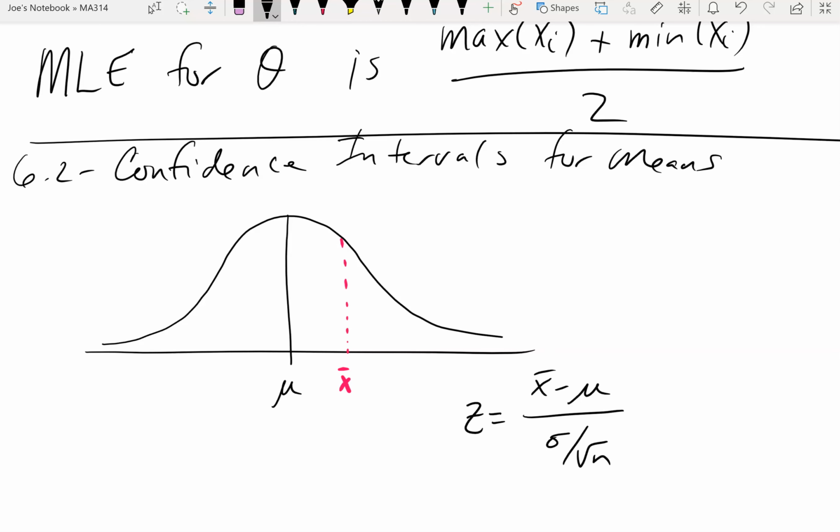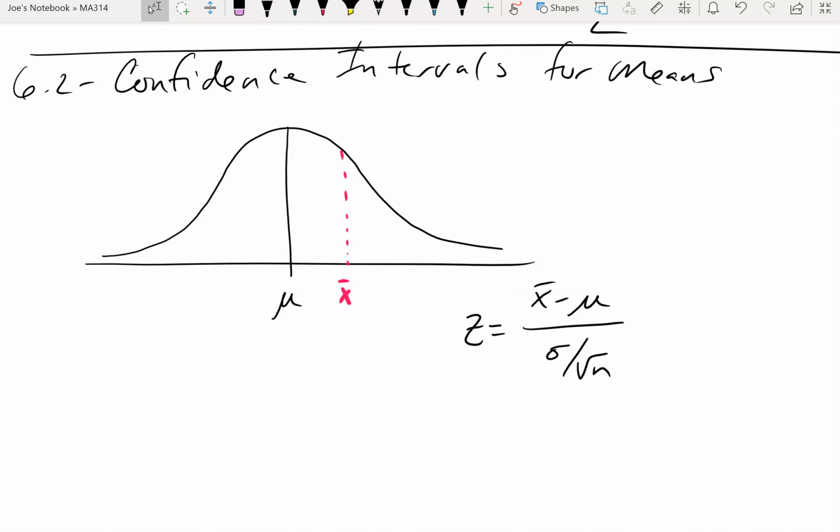Okay. So if you manipulate this and solve for mu instead, you would take z times sigma over square root of n, and I would have to subtract it on this side, like so.